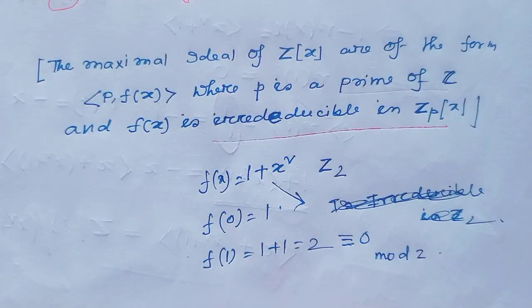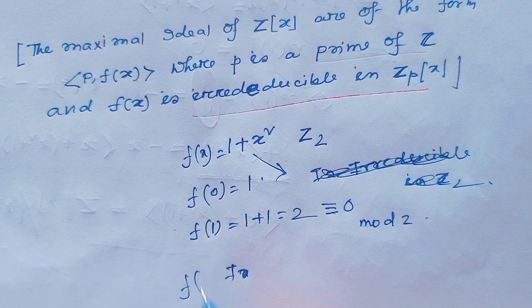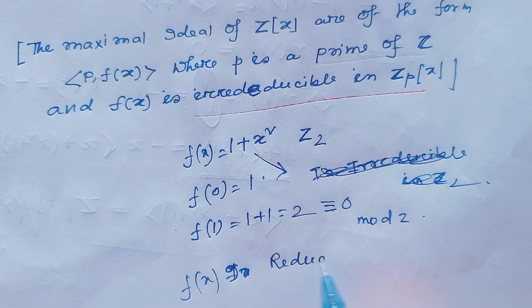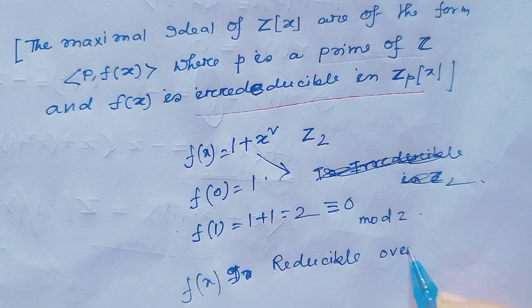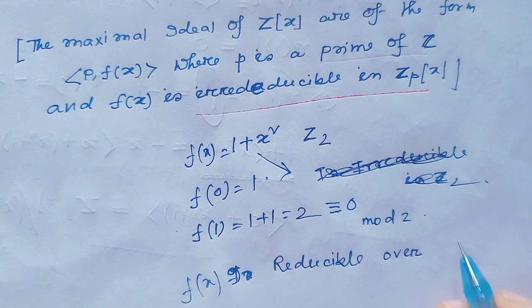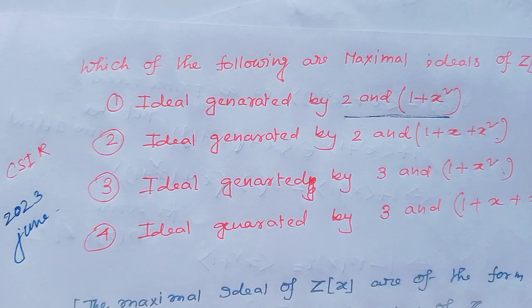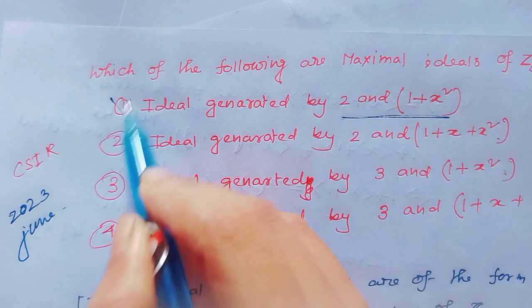So f(x) is reducible over Z2. Okay, so option 1 is not true.